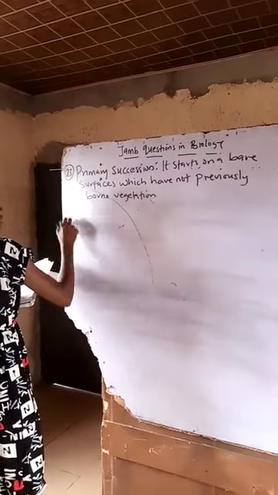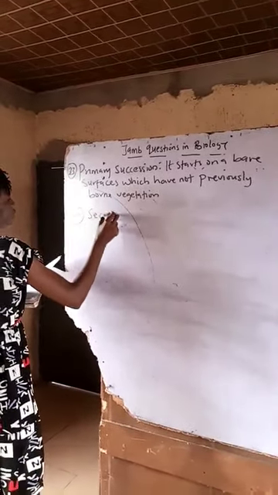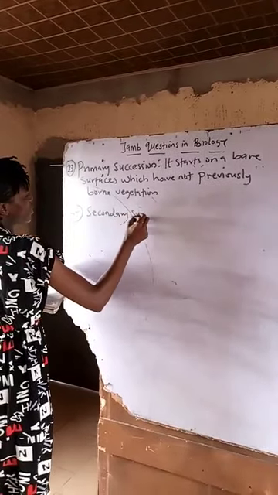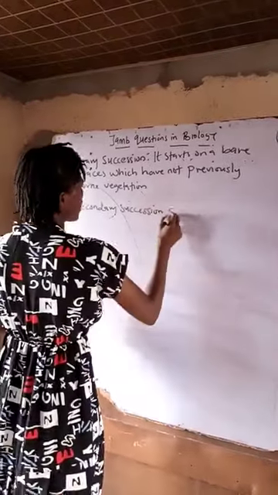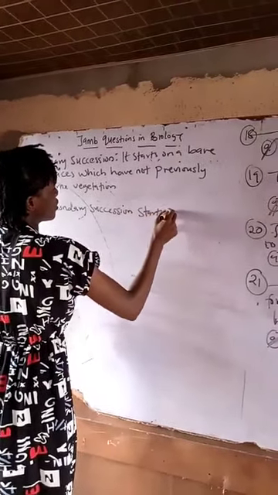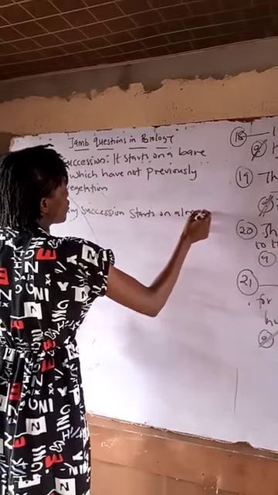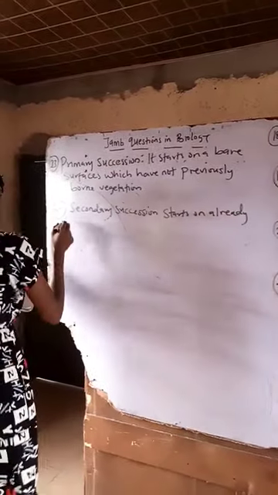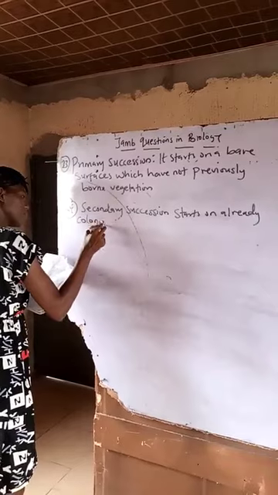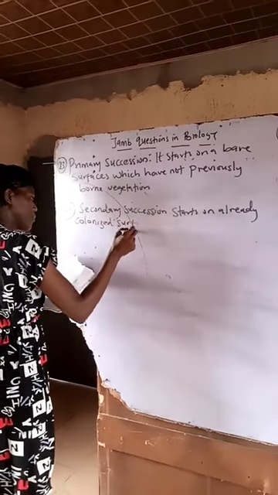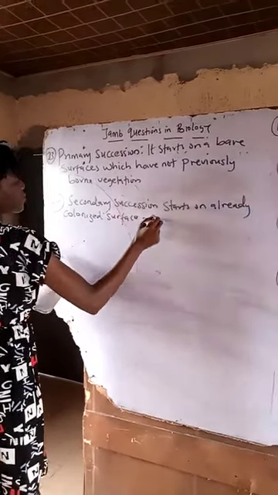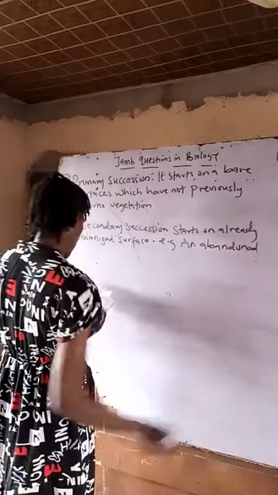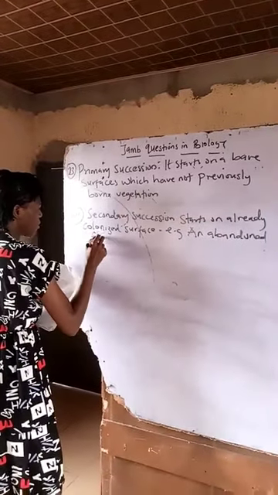Whereas secondary succession, okay, starts on already colonized surface. Example, an abandoned land, abandoned farmland.